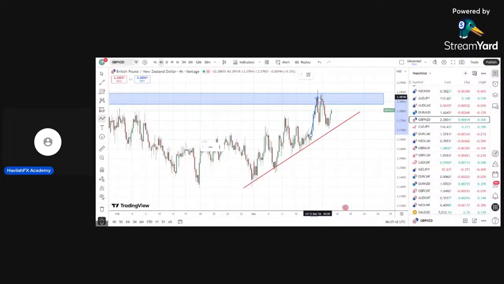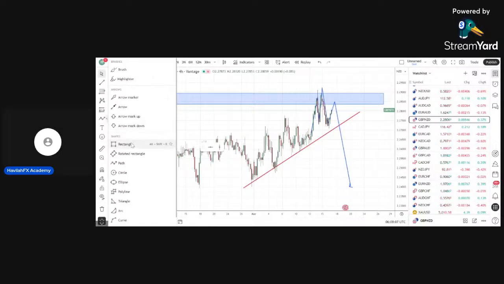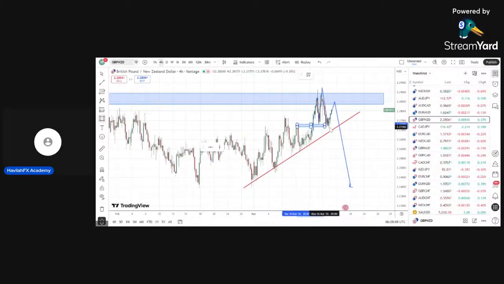Shoulder, head, second shoulder, and a breakout to the downside. Also, we have a neckline region that price needs to clearly break out below, and that's this area.